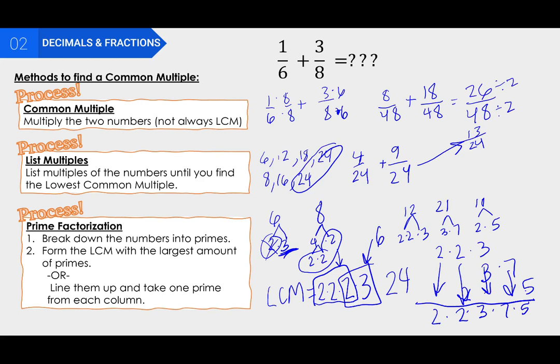All right, we'll multiply those all together. 2 times 2 times 5 is 20, times 3 times 7 is 420. Is the lowest common multiple. So if I had 3 fractions with a 12, a 21, and a 10, I could multiply that. Alright, so these are the 3 methods that you can use to get that common denominator.